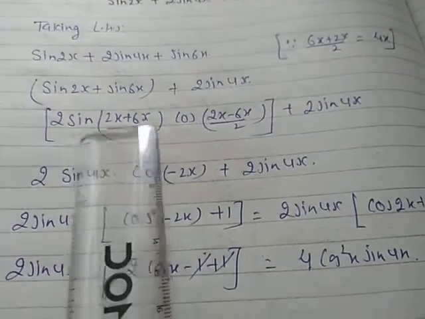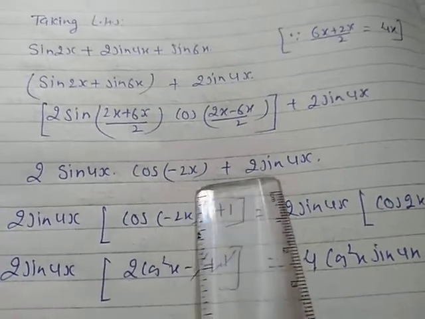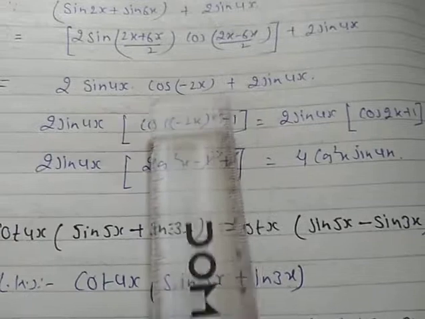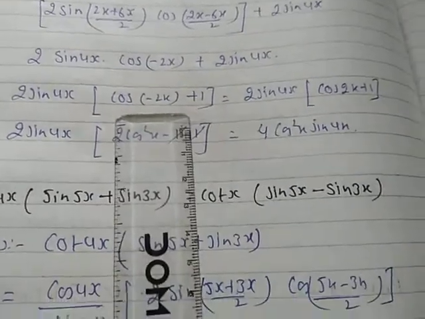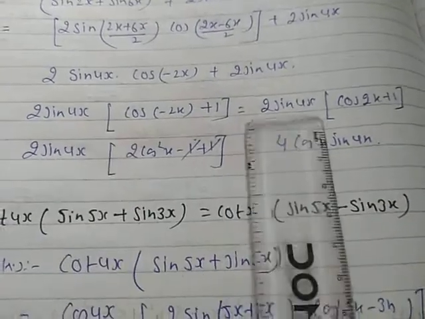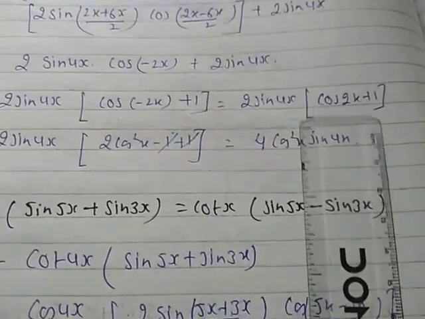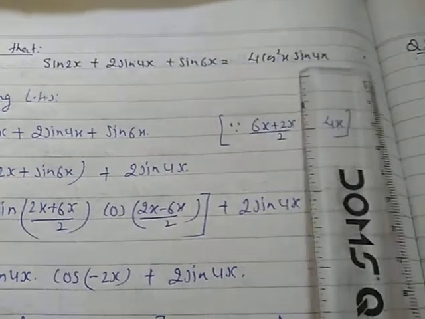This angle is 8x by 2, which is 4x, so 2 sin 4x cos of minus 2x plus 2 sin 4x. We can take common 2 sin 4x. This is cos of minus 2x plus 1. Since cos of minus x is cos x, therefore this will be 2 sin 4x under bracket cos 2x plus 1.